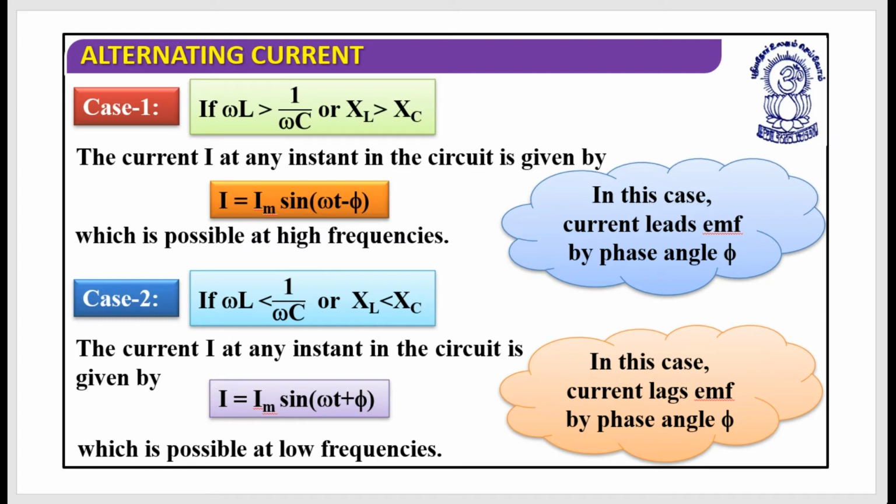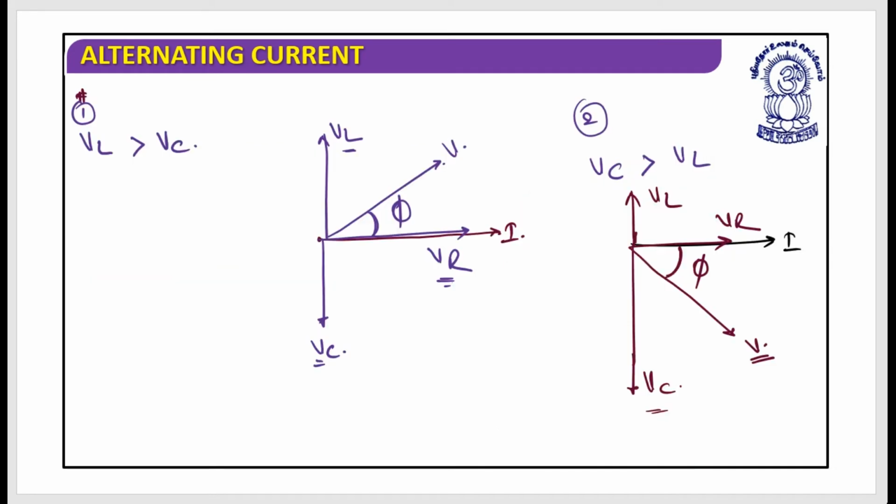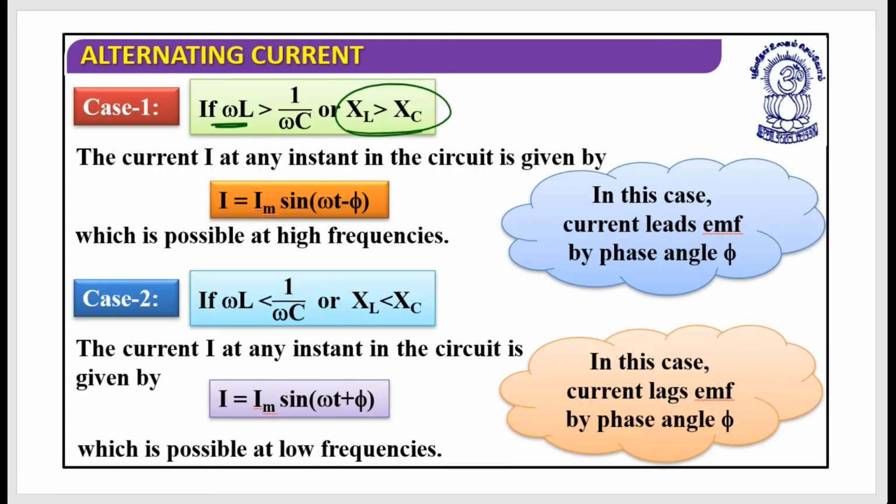Suppose omega L is greater than omega C, or I should say XL is greater than XC. So this is the case. Basically VL is greater than VC, where we can see this voltage is here and current is here, and voltage is leading the current. It is something like this.